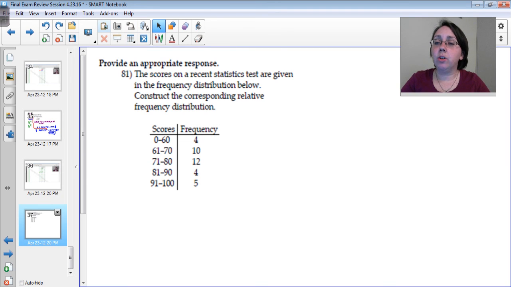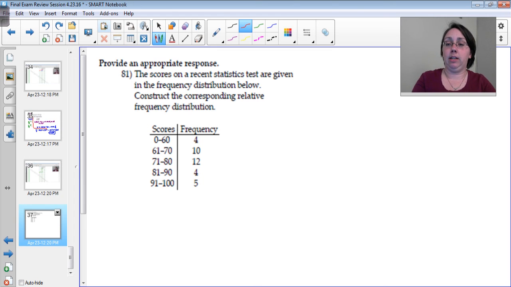All right, the scores on a recent statistics test are given in the frequency distribution below. Construct the corresponding relative frequency. How do you do relative frequency? Divide by all the numbers added. Very good. Take your total.